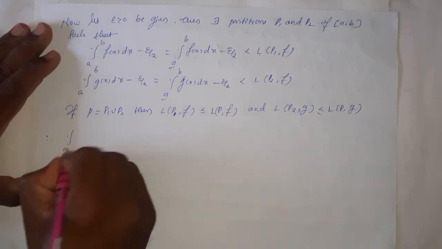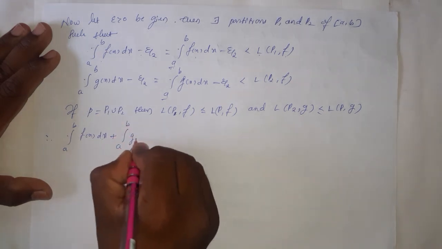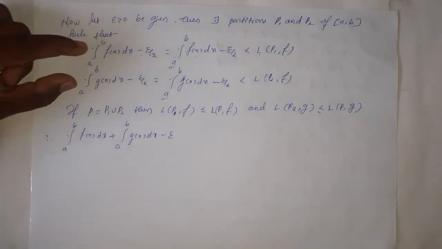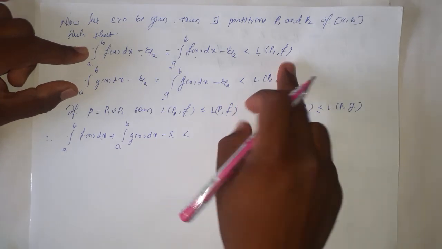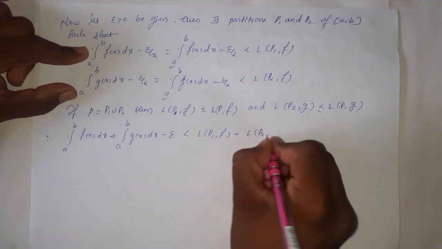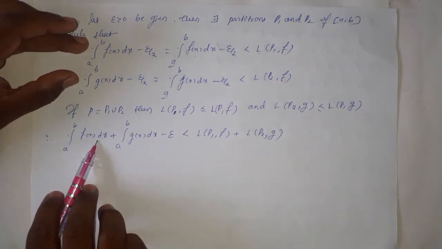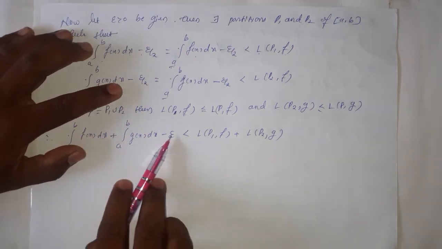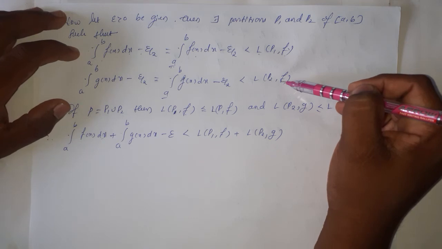So, therefore, adding these two inequalities, integration over a to b of f of x dx plus integration over a to b of g of x dx minus epsilon by 2 minus epsilon by 2, that becomes minus epsilon, is less than L(P1, f) plus L(P2, g).